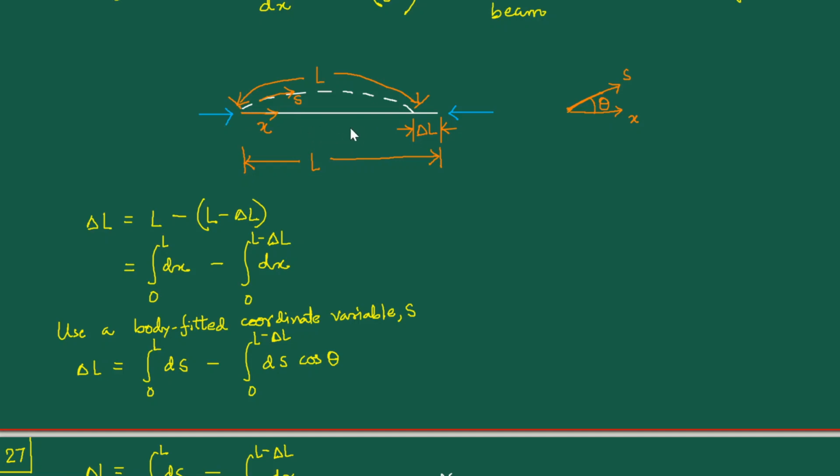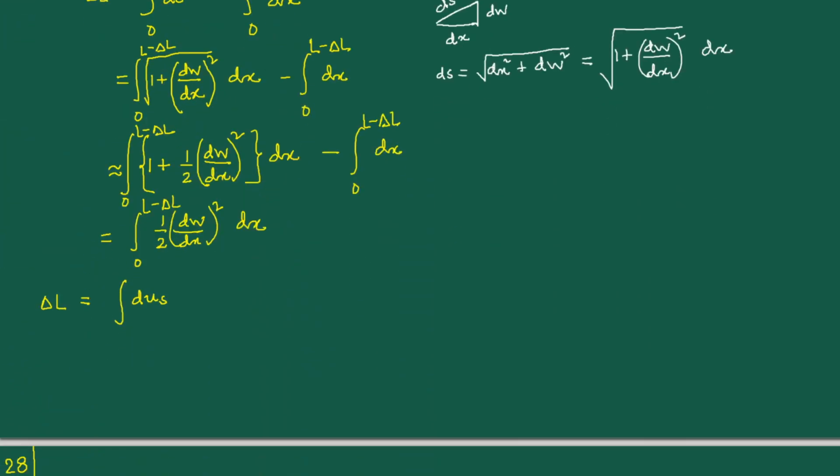So if our US is positive in that left to right direction, what is going to happen is that we can write this delta L as 0 to minus delta L with a minus.